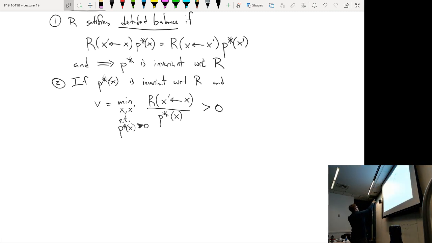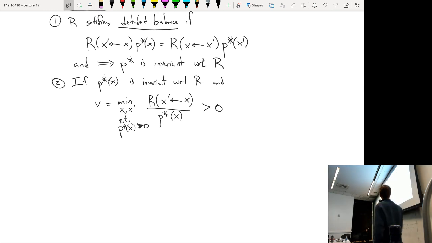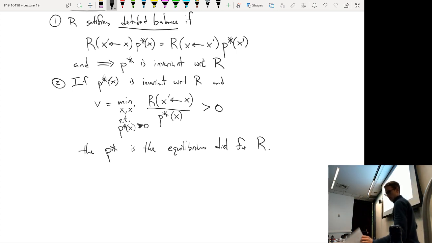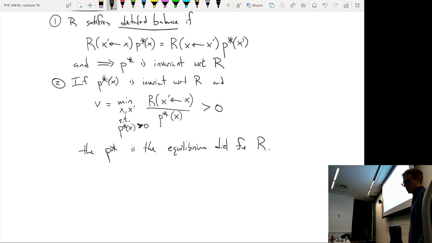It's telling us, looking at all possible pairs of states, think about, what is the smallest ratio of a transition probability from x to x prime divided by the probability of x. And we're saying so long as that ratio, whatever the smallest such ratio there is greater than 0, then we have that P star is the equilibrium distribution for R. Okay. So these are the two properties that we end up caring about for Metropolis-Hastings.